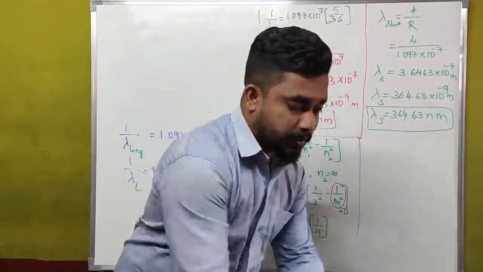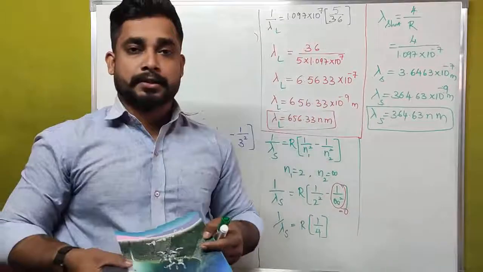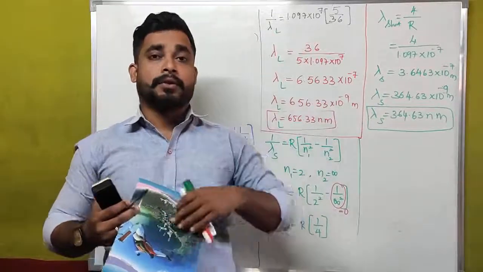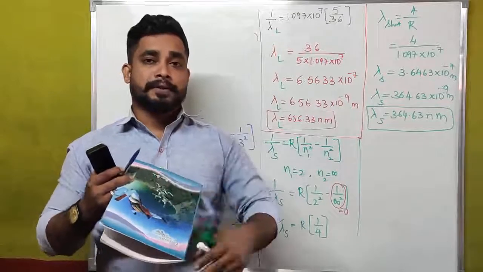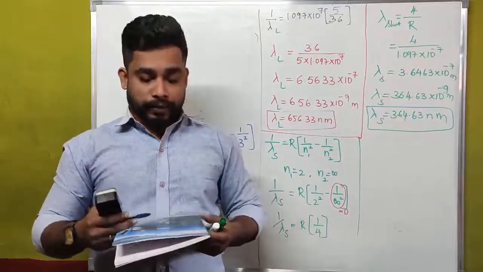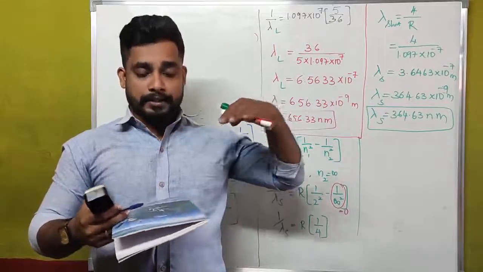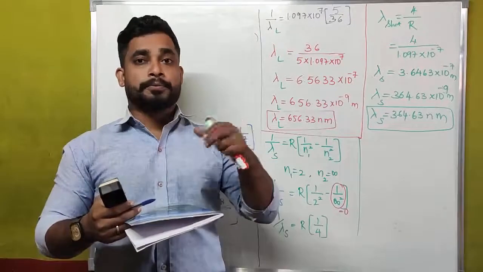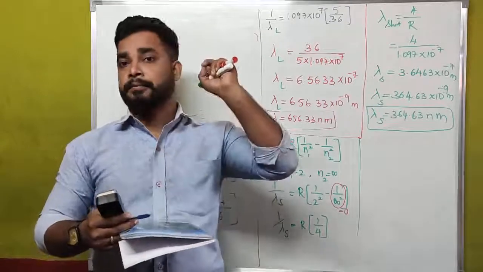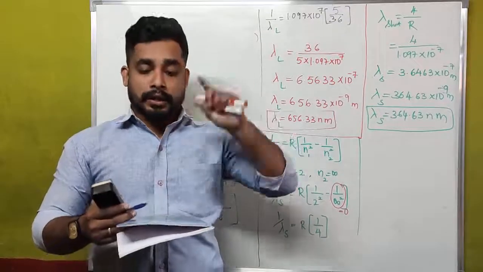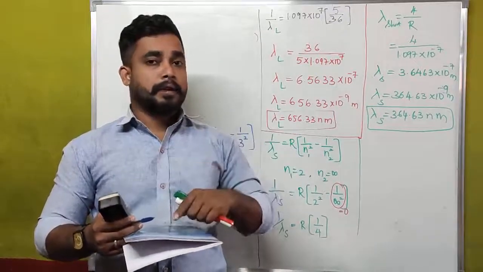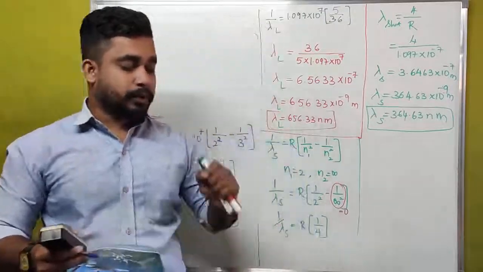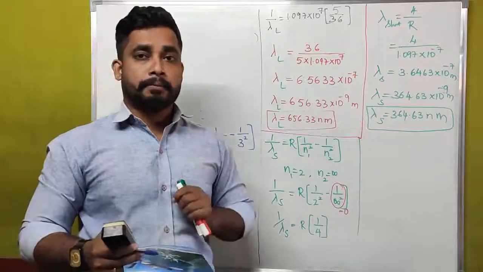Some amount of light is incident on this metal plate, and some electrons absorb the light energy and are ejected from the metal surface. The maximum velocity of the electron ejecting from this metal surface is equal to 7.5 × 10^5 meter per second.